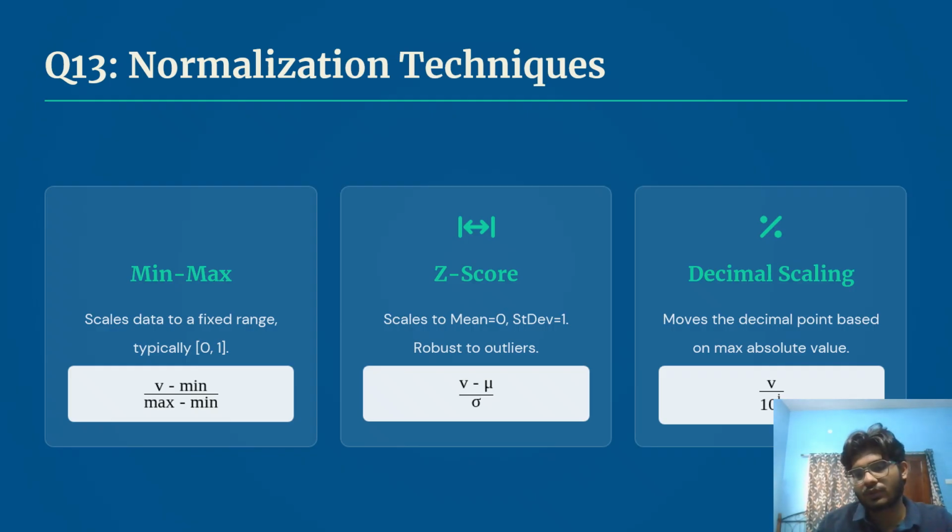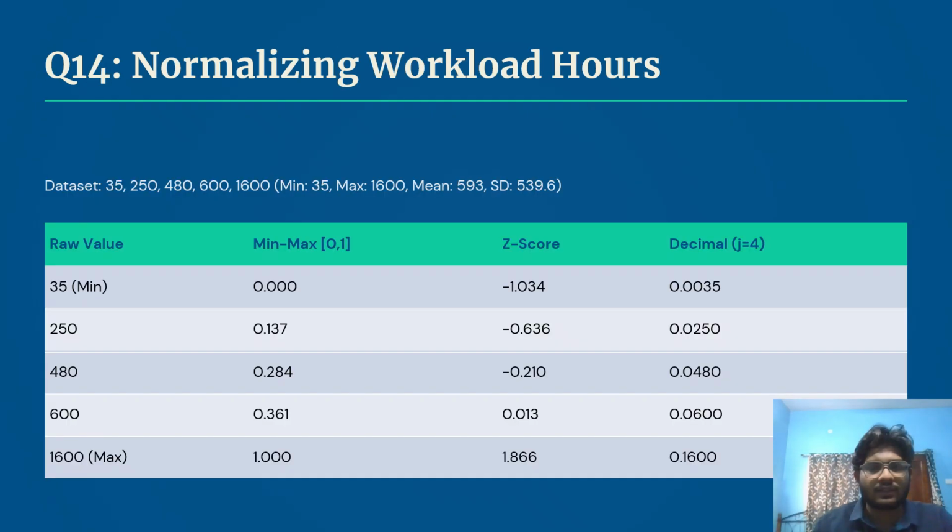Now we will go to question number 14, the next question. Let's apply this formula to our faculty workload hours data set. Here, notice the massive range from 35 hours to 1600 hours. That is really big.